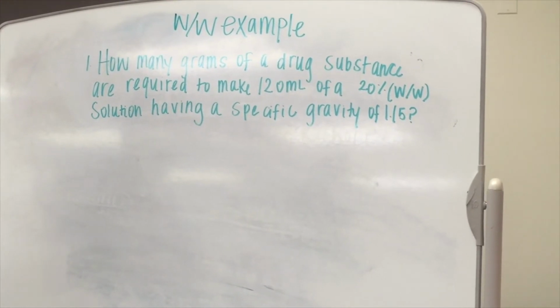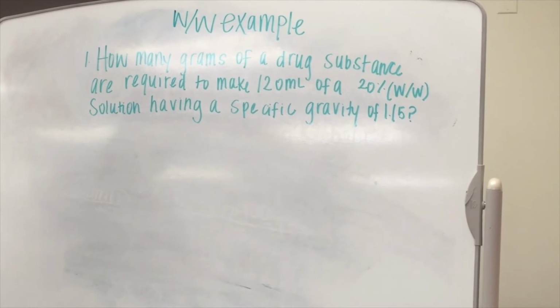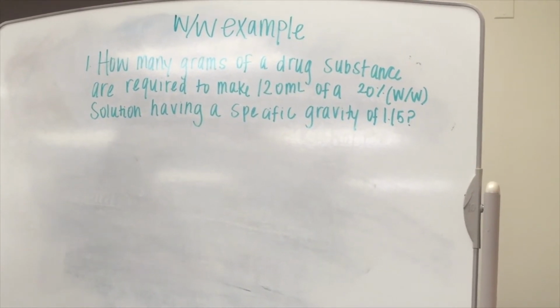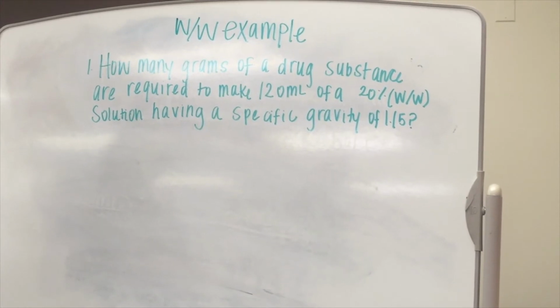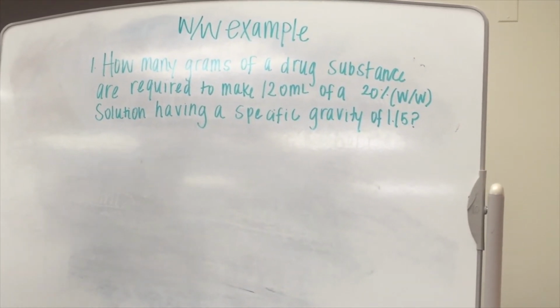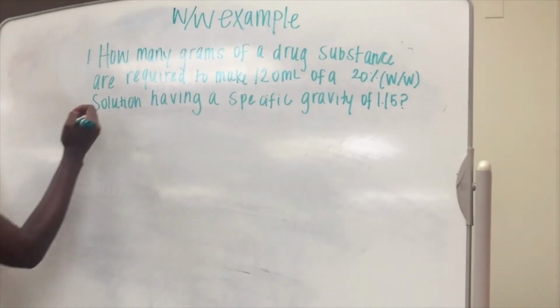The question reads, how many grams of a drug substance are required to make 120 mLs of a 20% weight per weight solution having a specific gravity of 1.15? Let's clarify what specific gravity means before we move forward.